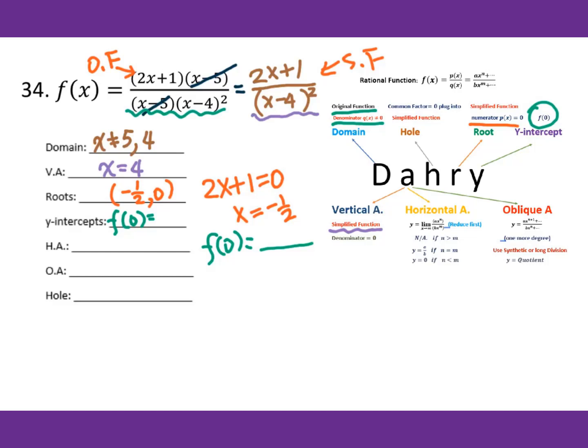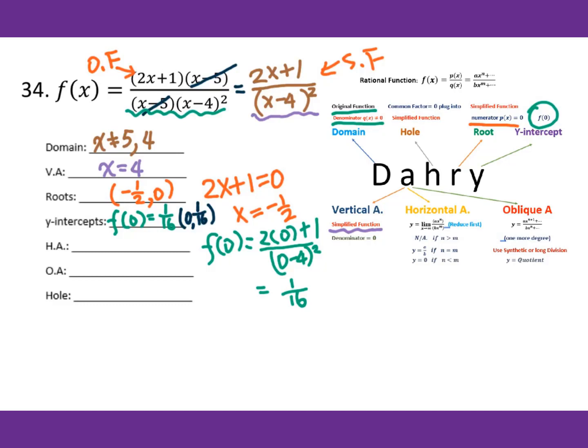Still use the simplified rational function. 2 times 0 plus 1 over 0 minus 4 squared. You will get 1 over 16. You can use coordinates. That will be 0, 1 over 16.